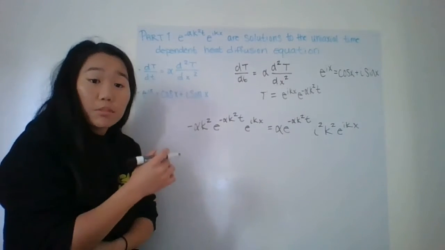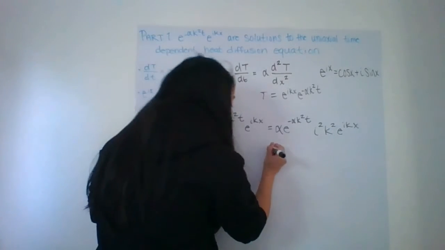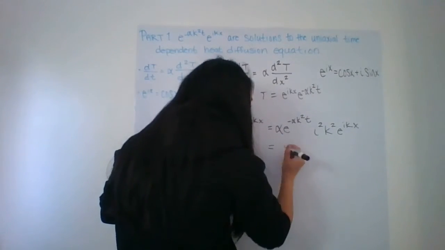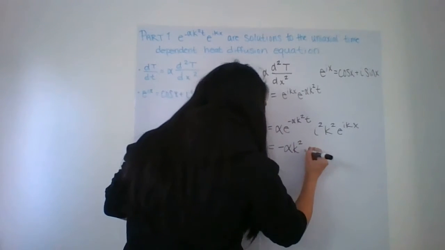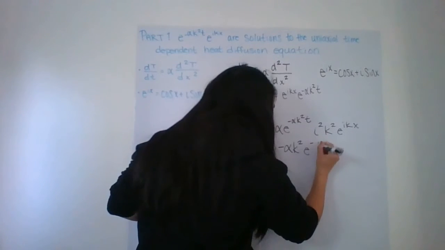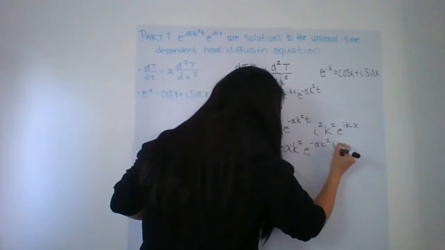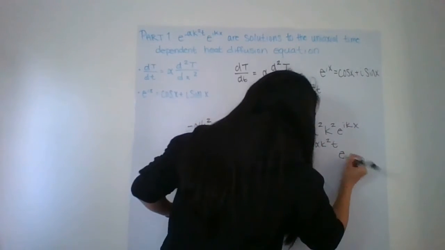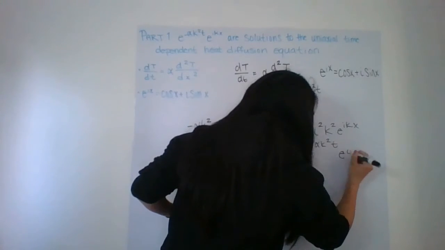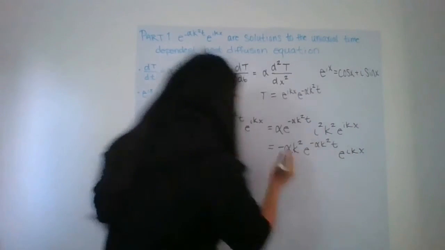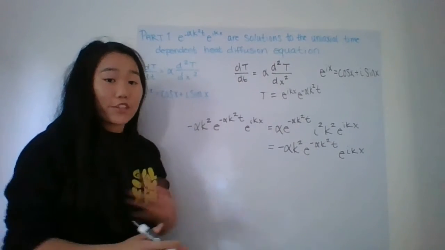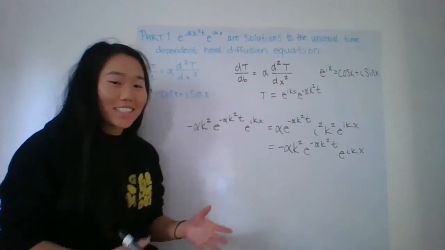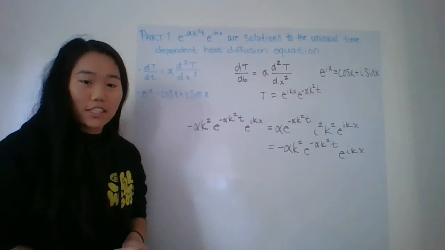So simplifying the right side of the expression, we get negative alpha k squared times e to the power of negative alpha k squared times t multiplied by e to the power of ikx. And the left side is equal to the right side. Therefore, the expression for T for any value of k is a solution to the partial differential equation.